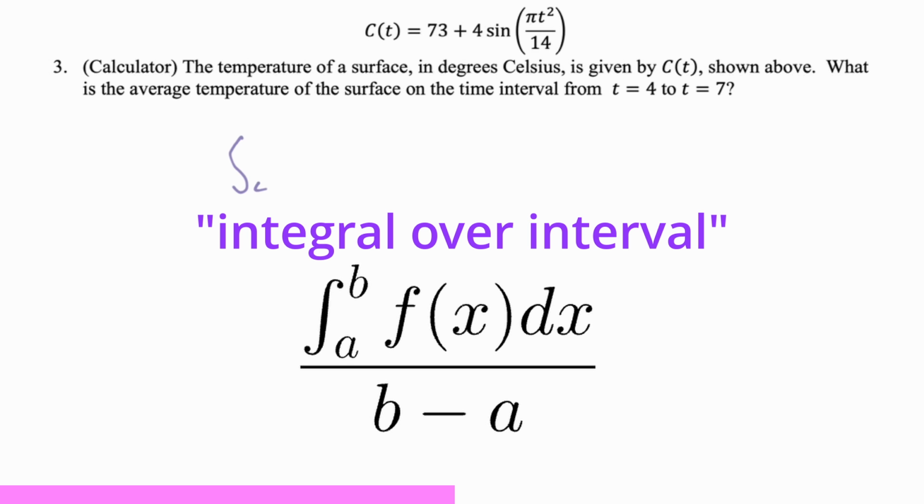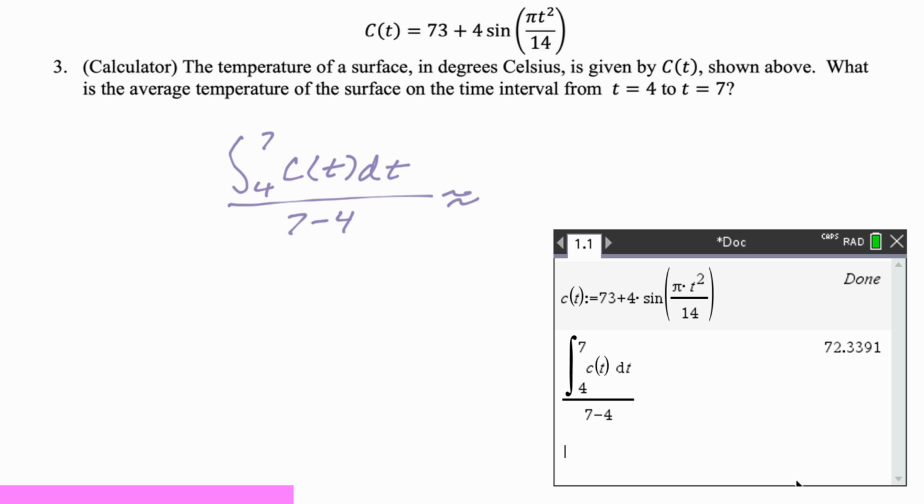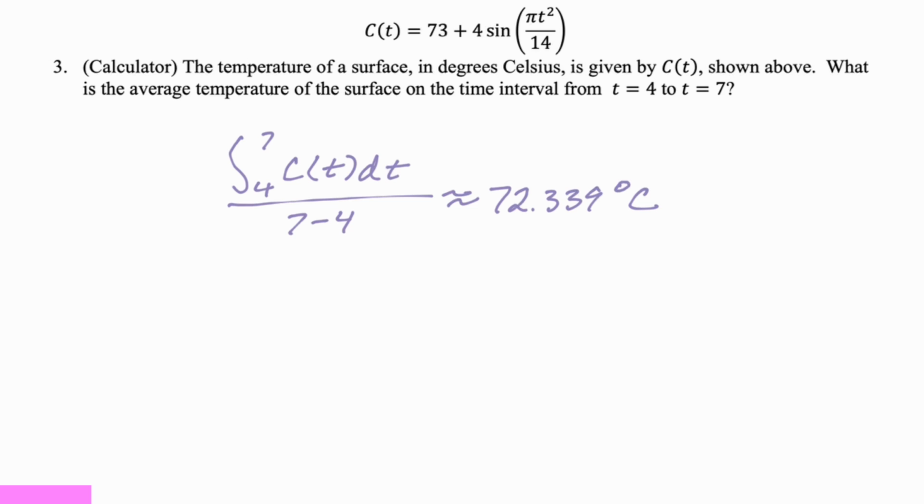So the integral is from 4 to 7 of C of t dt. The interval is going to be 7 minus 4. That's approximately, so here's a calculator shot of what I typed in, but I literally just typed in that integral. So we get 72.339 degrees Celsius. So that one's a really quick review, but still a very important idea.